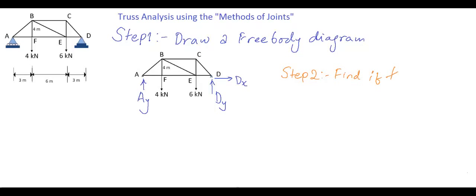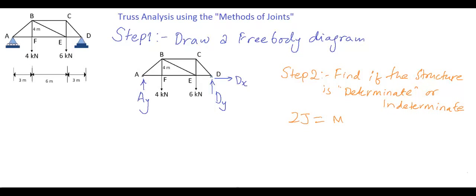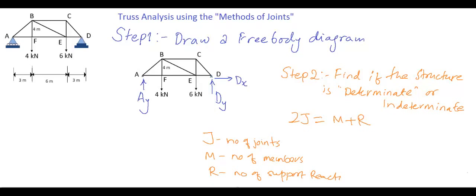Step 2. Find if the structure is a determinate structure or an indeterminate structure. To find this, we have the simplest formula 2J equals M plus R, where J is the number of joints, M is the number of members, and R is the number of reactions.